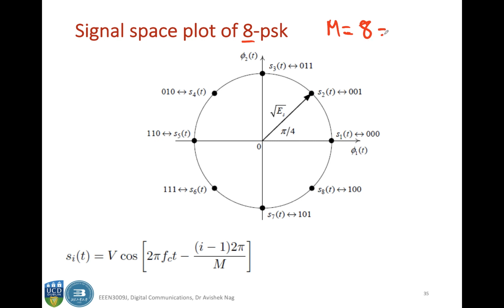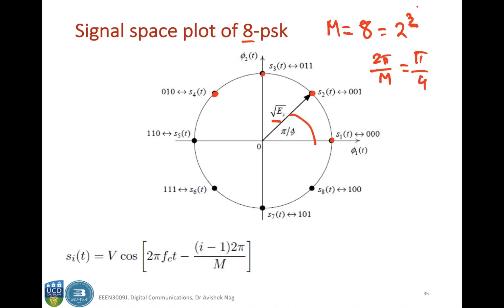M equal to 8 means you have 3 bits per symbol. Each signal can be represented as a dot on this circle of radius square root of Es, and each of them is 2 pi over M apart. Here M is 8, so they are pi by 4 apart.